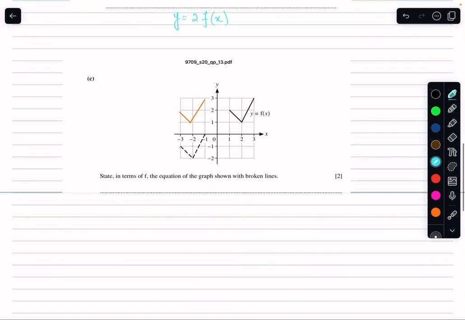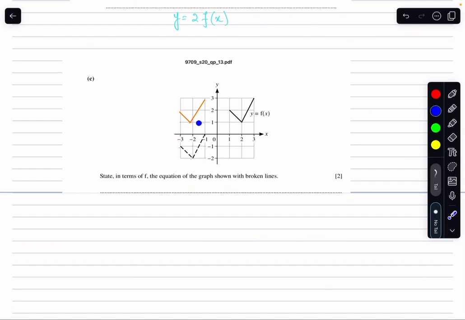Now for part C. What we can observe here is that the given function is here, and then the broken line lies here. So it's the same function which is getting translated towards the third quadrant. That means there is a translation along the x-axis, and then there is a vertical downward translation also.